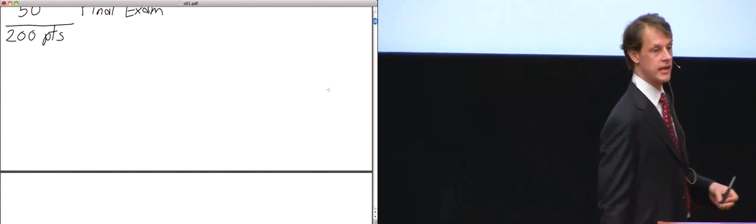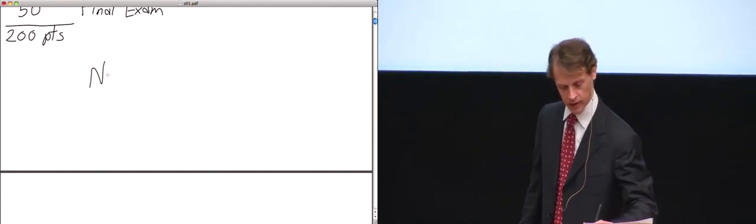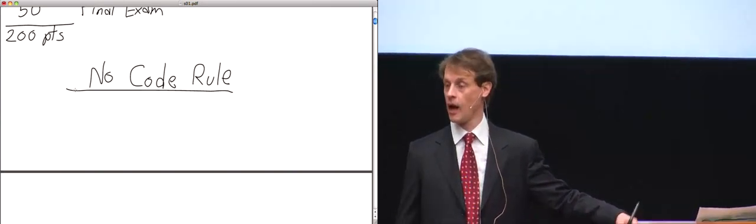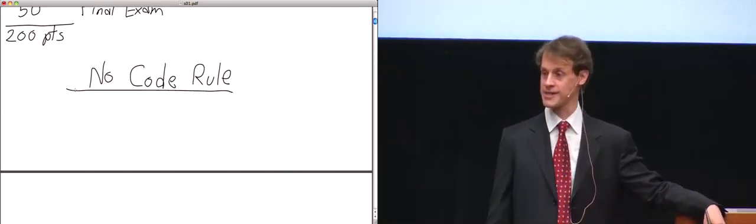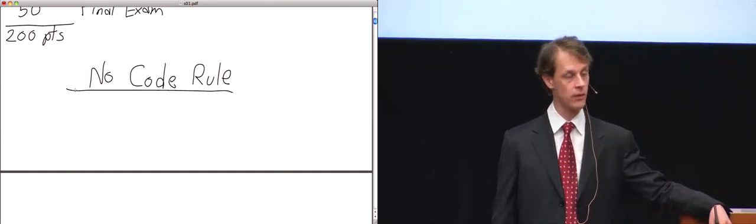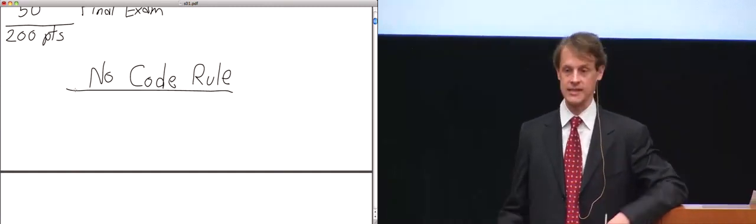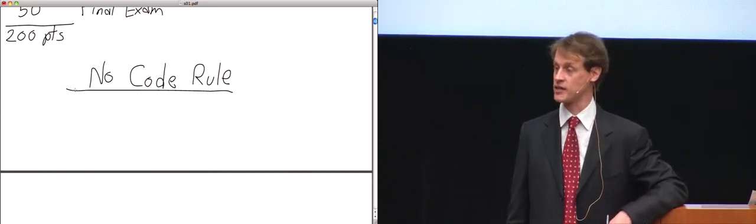The most important thing to understand, for day-to-day living, is what I call the no-code rule. You are actually encouraged to help each other with understanding the concepts in CS61B, even things like how to program or how to interpret compiler error messages.